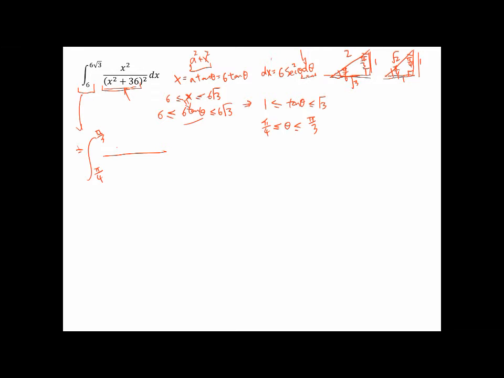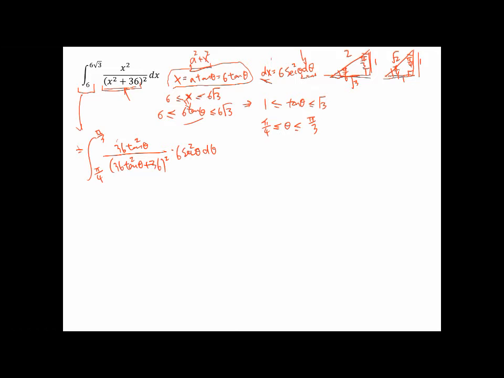Later I'm going to cancel or solve by formula, so it doesn't matter. Plug in x squared: 36 tangent theta squared, which is here, right, from the very beginning. What is here is 36 tangent theta squared plus 36, squared, and then dx, 6 secant theta squared d theta.